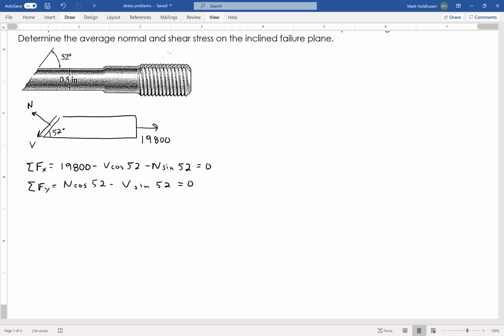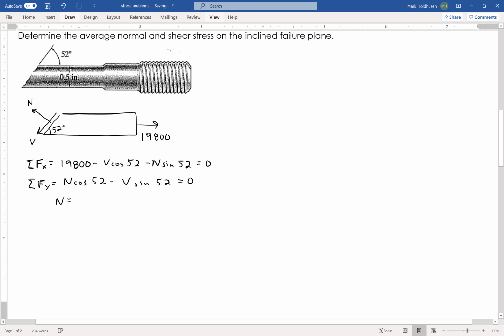Through algebra, I'll let you do that on your own. I can find that the normal force is 15,603 pounds, and the shear force is 12,190 pounds.